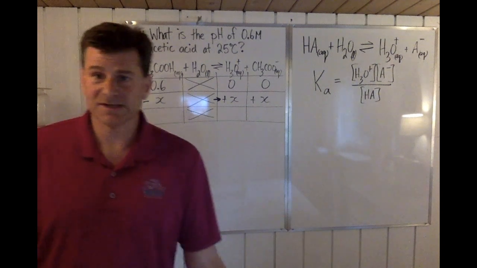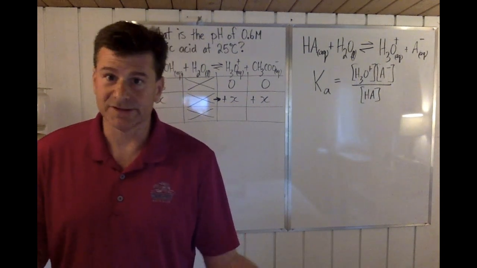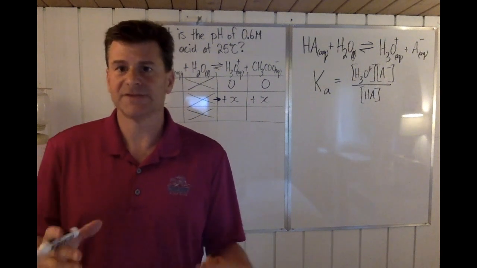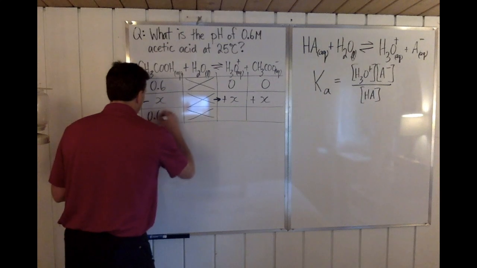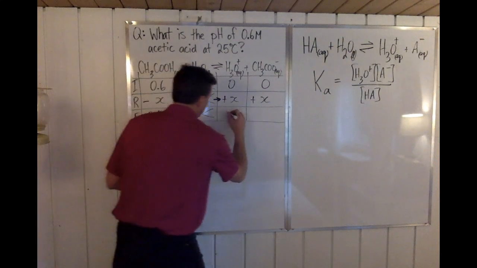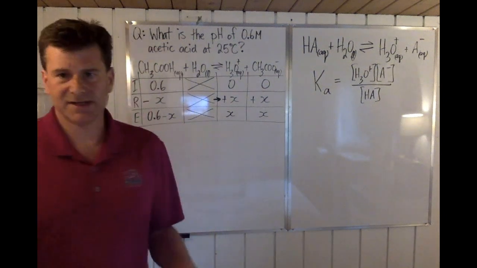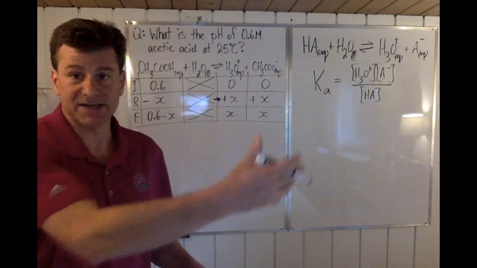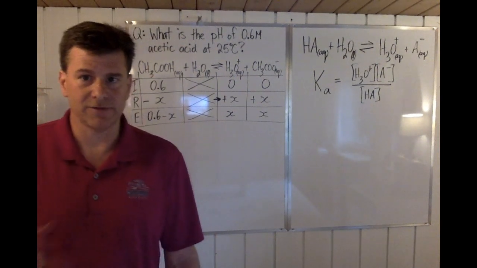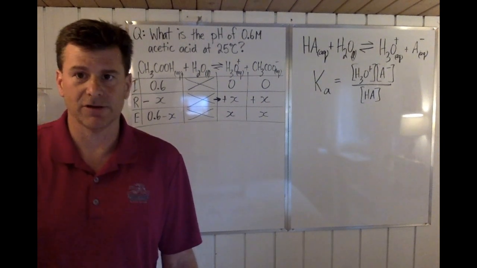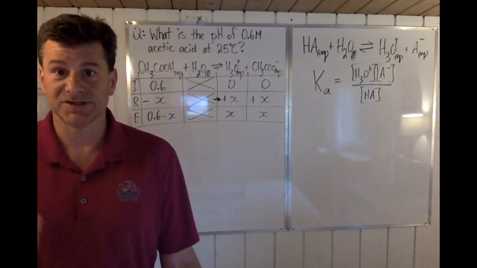Then obviously you can fill out what's on the equilibrium line. Now there's going to be variables there, but that's okay. We have something on the equilibrium line, which is good. So we have 0.6 minus x, and then we have x and x. x being a critical value here, if you can foresee the future on the algebra, when you solve for x, x is going to be the hydronium, which is the critical value.